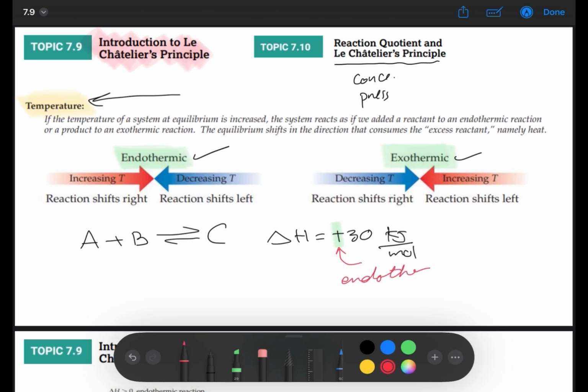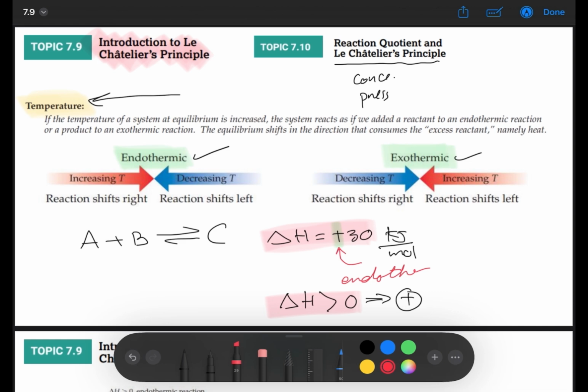Or you can represent that as delta H greater than 0, which means it's a positive value. So it could be represented either with a real positive value, like positive 30 kilojoules per mole, or any number, or delta H greater than 0.